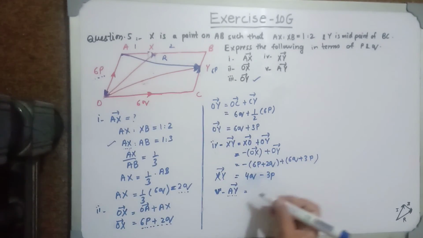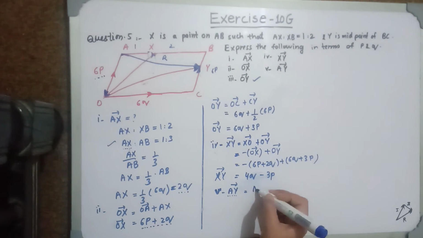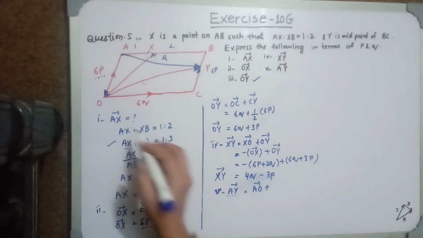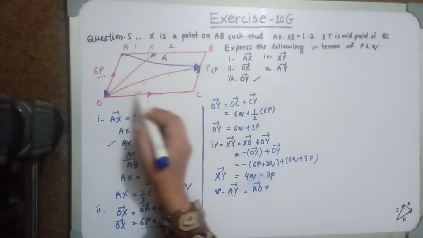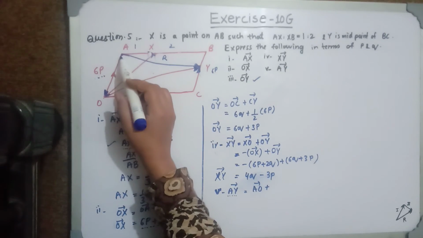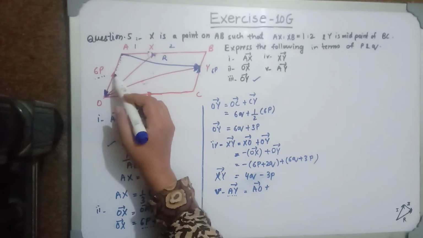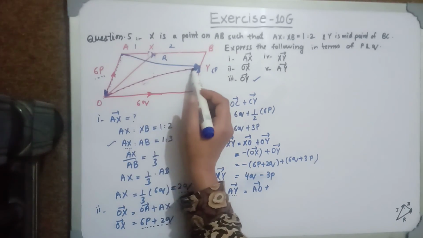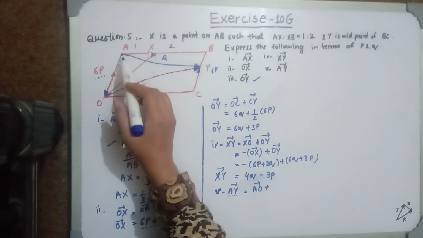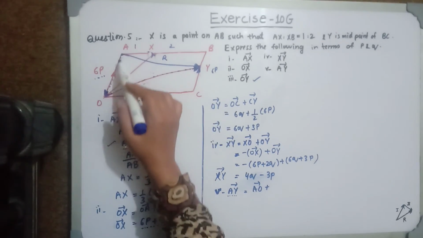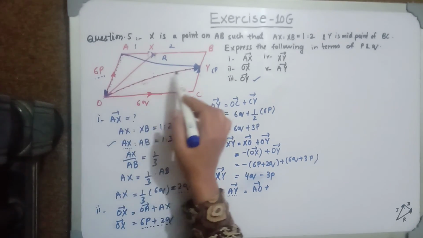So it's going to be equal to AO plus the second vector OY, right, because this is the vector that joins with Y again. So AY will be equal to AO plus OY.